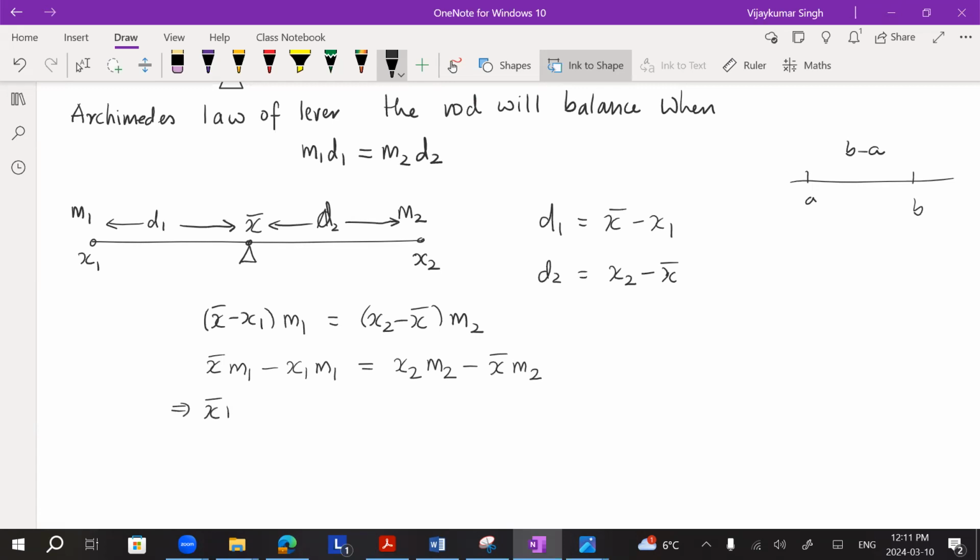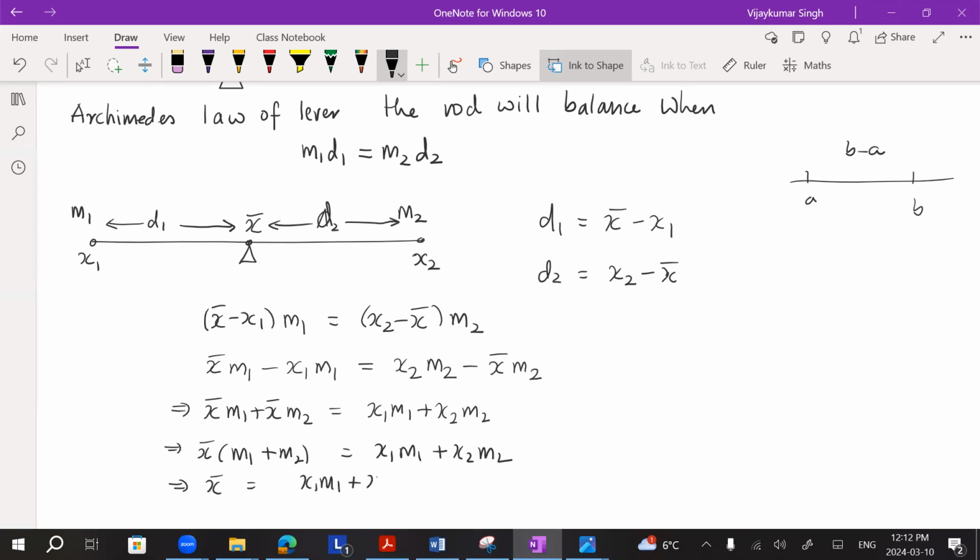This becomes x bar m1 plus x bar m2 equals x1 m1 plus x2 m2. Take x bar common. In brackets, we have m1 plus m2. Divide both sides by m1 plus m2. This gives me x bar equals x1 m1 plus x2 m2 divided by m1 plus m2.